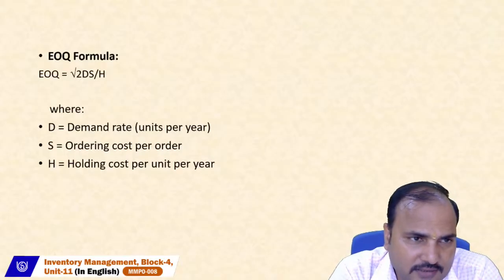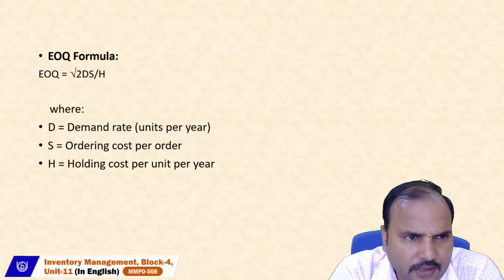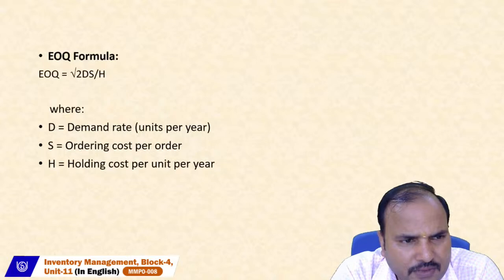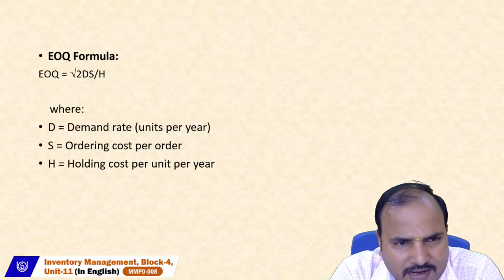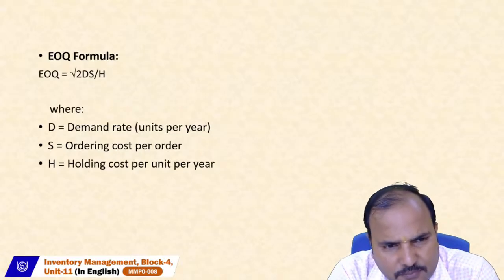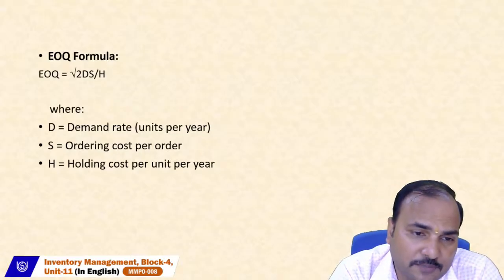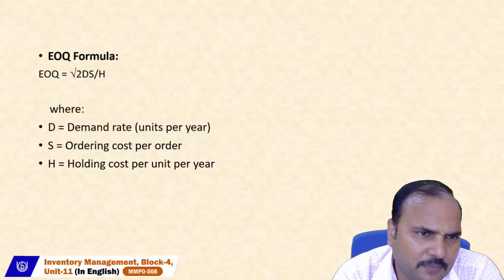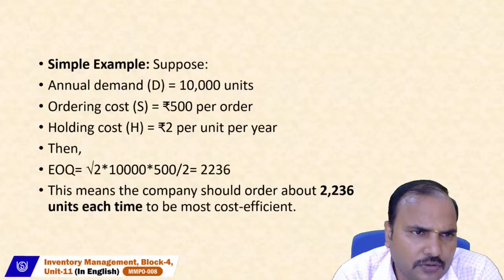And the formula is EOQ equals square root of 2DS by H. Here EOQ means your economic order quantity, D stands for demand rate, that is units per year, S stands for ordering cost per order, and H is holding cost per unit per year. This is the formula, please remember the square root of 2DS by H. And this is our example.